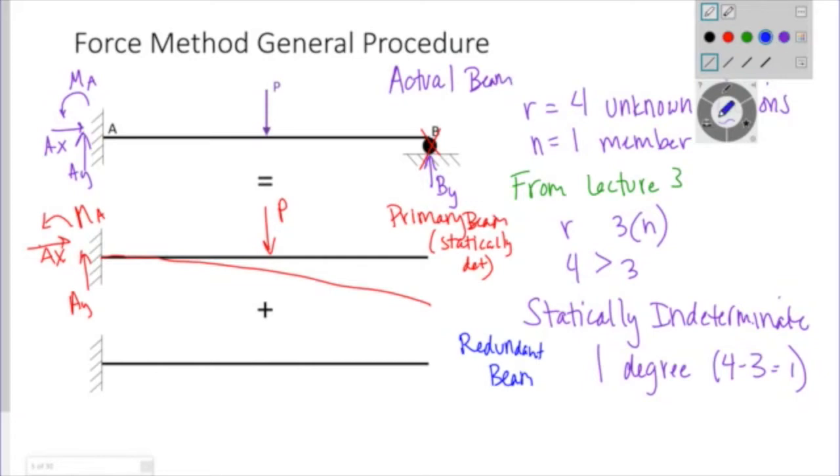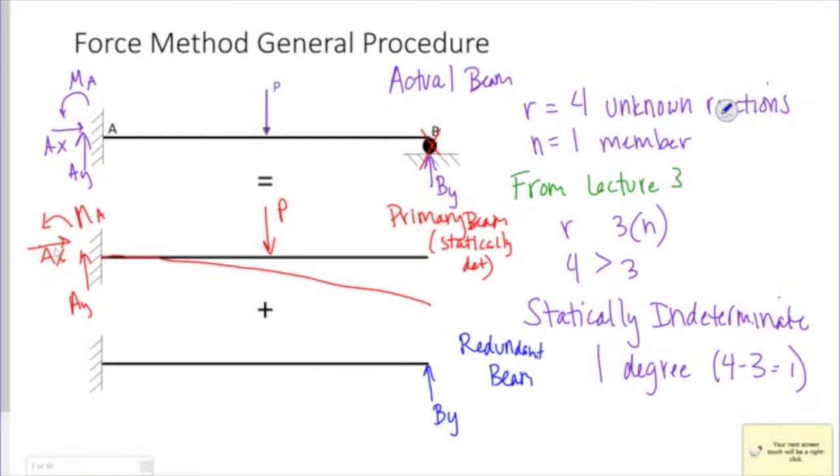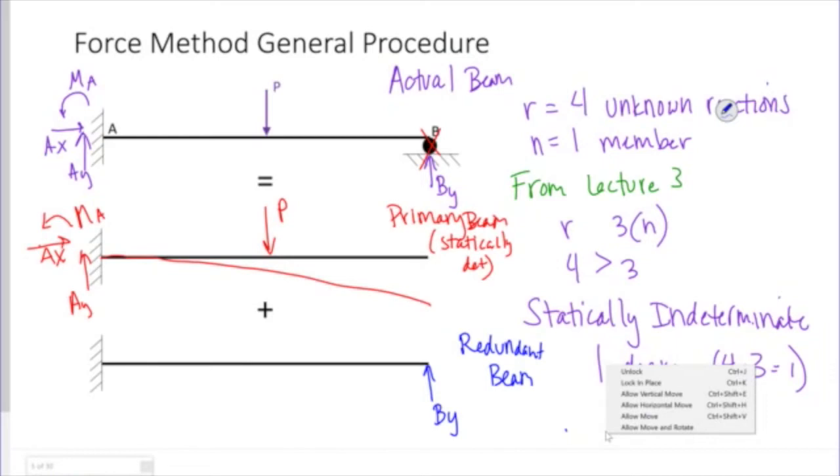Now I'm going to have a redundant beam where I take into account that redundant force, that extra force. I'm going to apply By as a concentrated force at the end where the roller would be. If I look at my reactions, I still only have my 3.